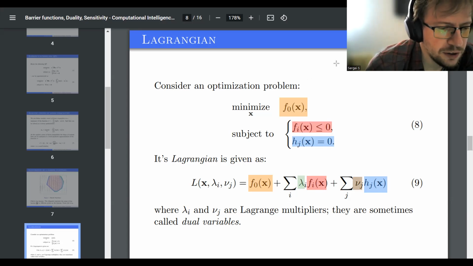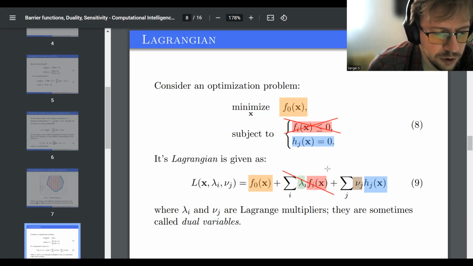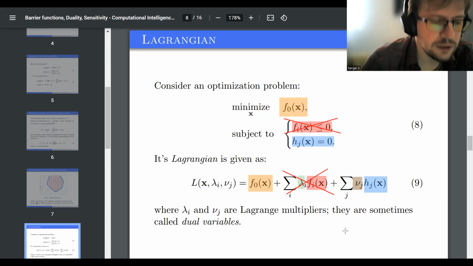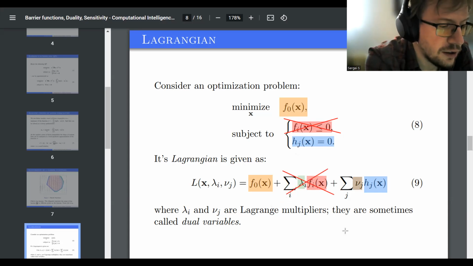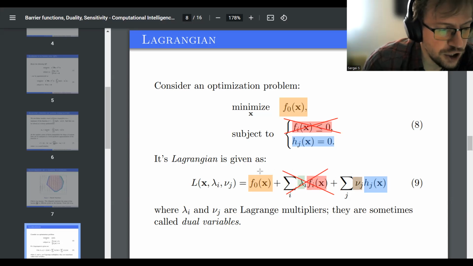Let me elaborate a little bit on what would happen if we didn't have this component. We have a constrained optimization here and an unconstrained optimization here. How are they equivalent? Unconstrained optimization can be solved by finding the derivative of this function and setting it to 0.